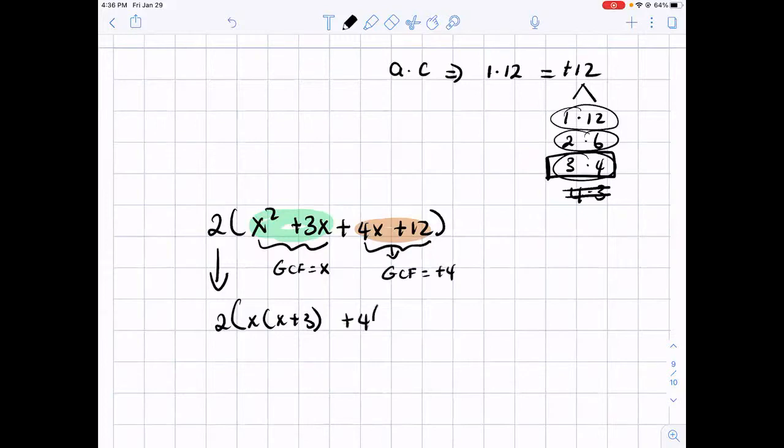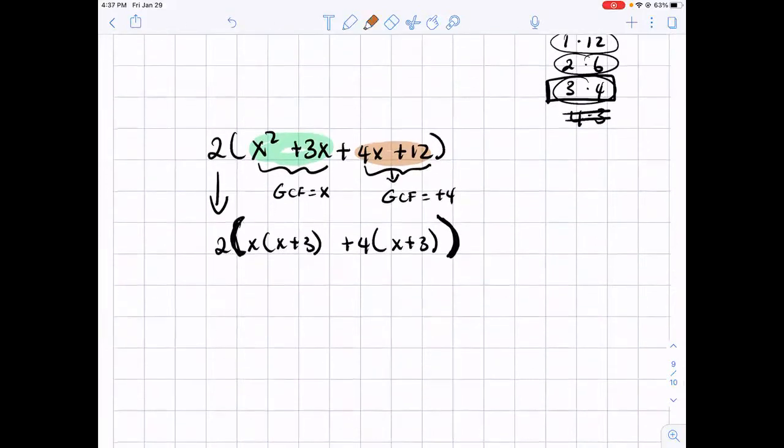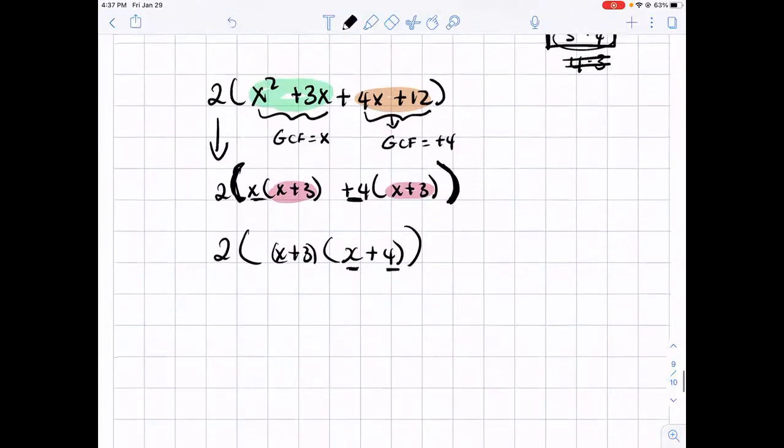So if I take out a plus 4, I have x plus 3. This is for the 2 on the outside here. Now notice, as I said, we have x plus 3, x plus 3. So if you take out, leave the 2, x plus 3, we would have x plus 4 left. So finally we have 2 times x plus 3 times x plus 4.